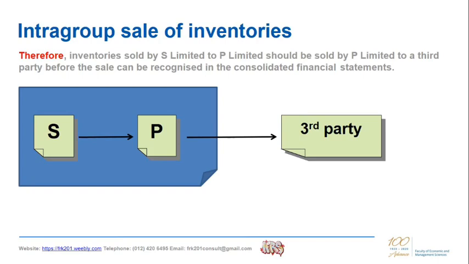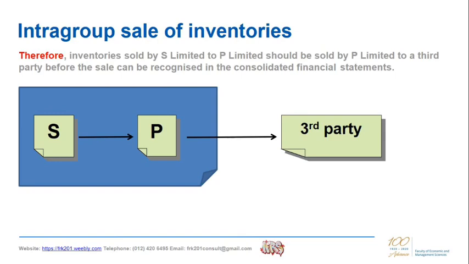Therefore, when you have an intragroup sale of inventories, inventories sold by S Limited to P Limited should be sold by P Limited to a third party before the sale can be recognized in the consolidated financial statements.